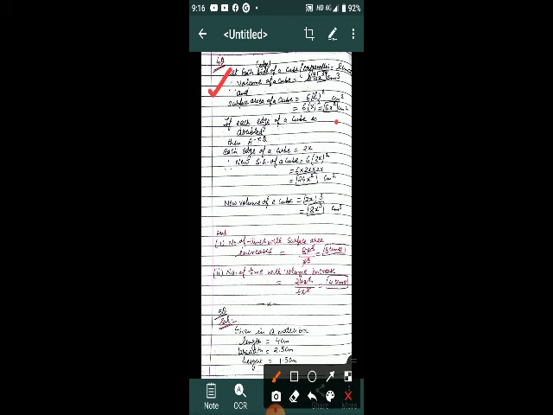Now in the question it is given that each edge of the cube is doubled, means if we take originally the side of the cube as X, then it becomes 2X. The surface area of the cube with the new side is 6 into 2X whole square, it becomes 24X square, and the new volume becomes 2X whole cube, it becomes 8X cube.